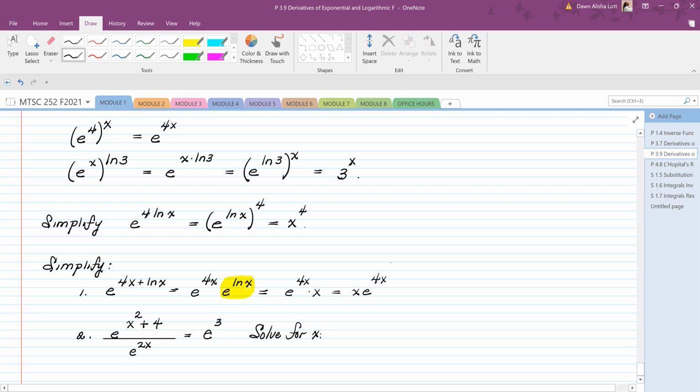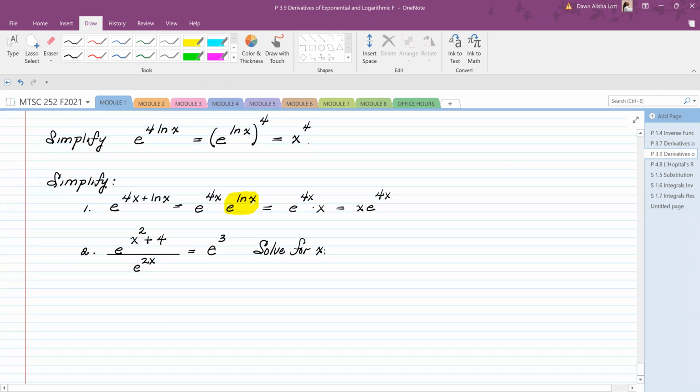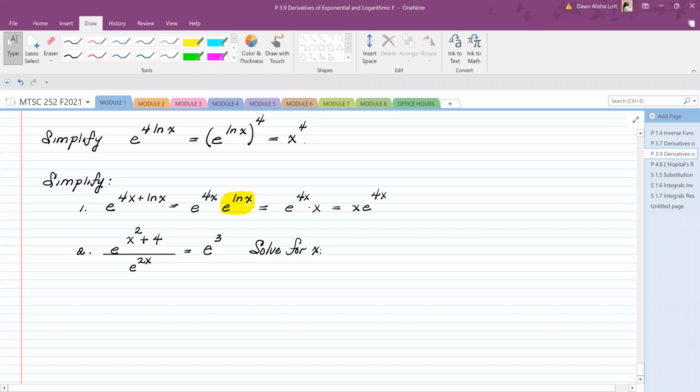Okay, how do you solve for x in the second one? I had changed it to e to the x squared minus 2x plus 4, and then I had stopped there. That has to equal e cubed.